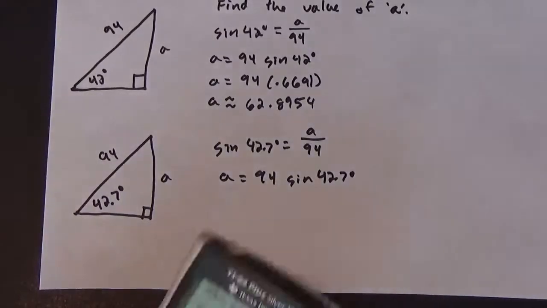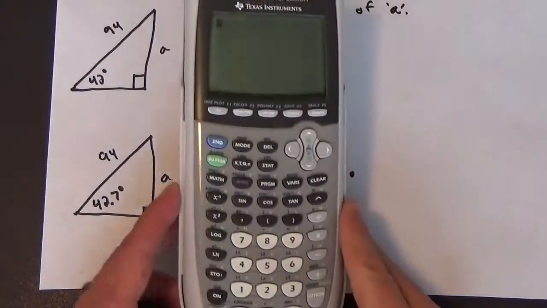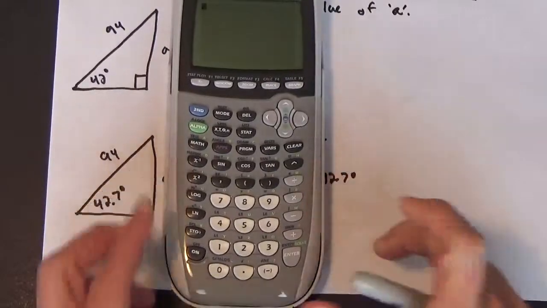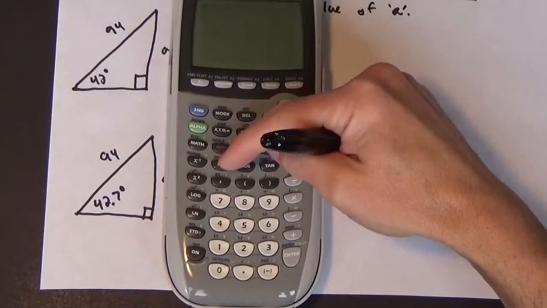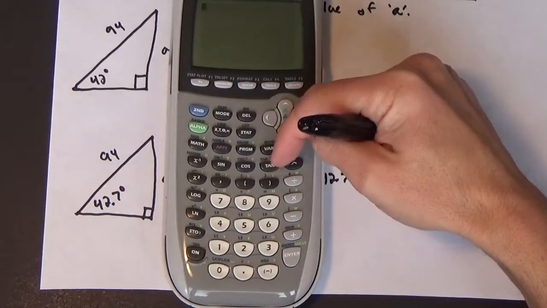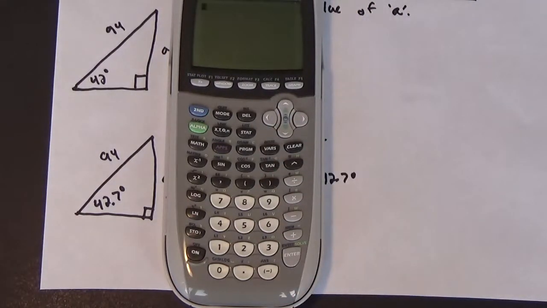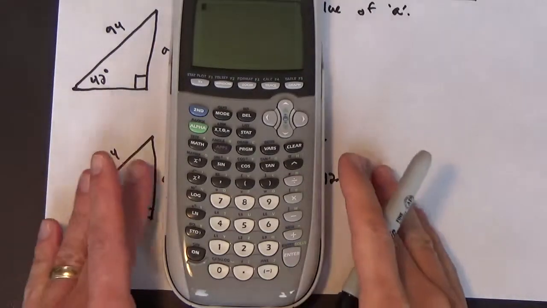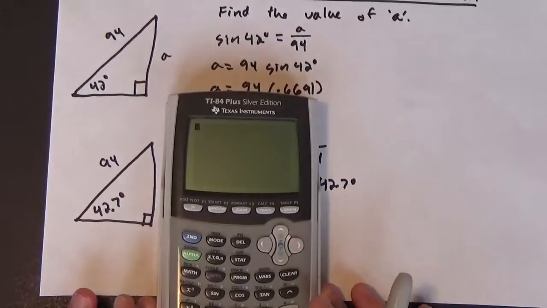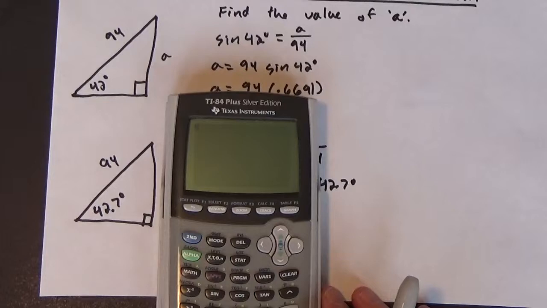Essentially, this calculator has all those trig ratios in there. You'll notice here we have sine, cosine, and tangent, and those buttons give us the trig ratios. Before you use them, you do have to make sure you're in the right mode.